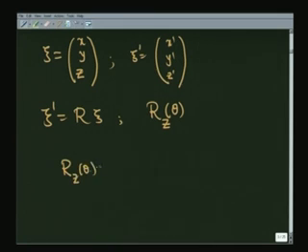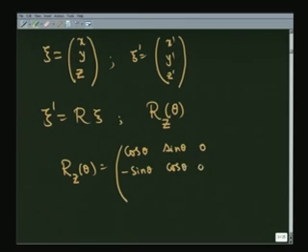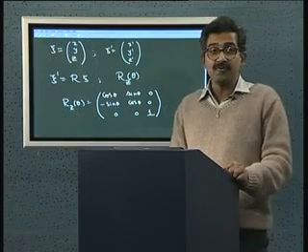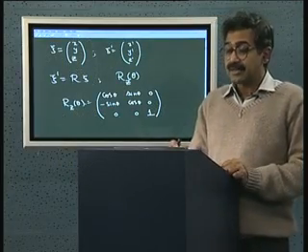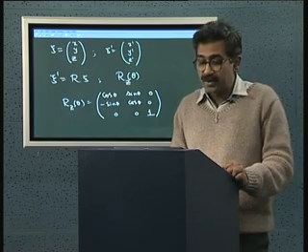Rz(theta) is simply given by the 3 by 3 matrix: cos theta, sin theta, 0; minus sin theta, cos theta, 0; 0, 0, 1. This indeed is the so-called rotation matrix when you rotate by an angle theta about the z axis. That is what we have done.